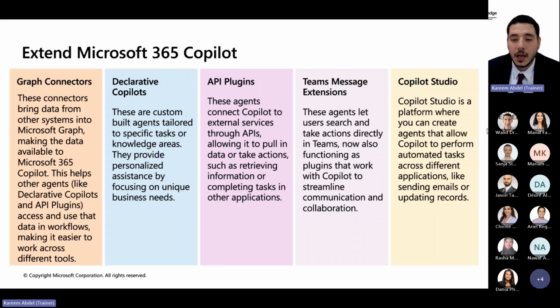So what if I would like to, within my organization, extend these capabilities to go beyond my Microsoft 365 tenant? So that could be another Microsoft solution, like Dynamics 365, or an outside or third-party solution.